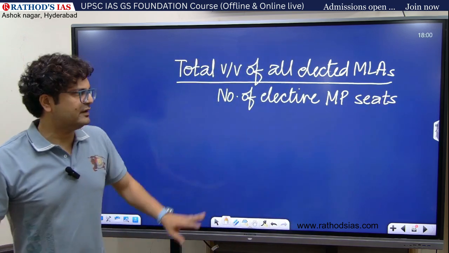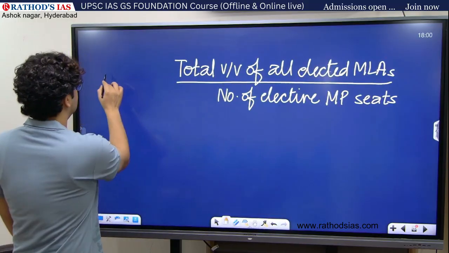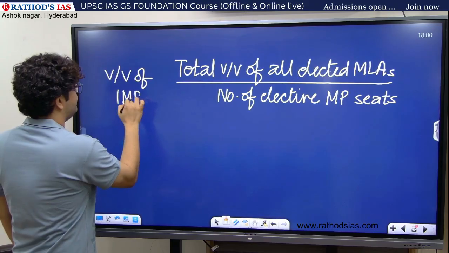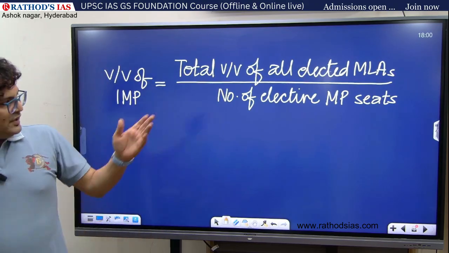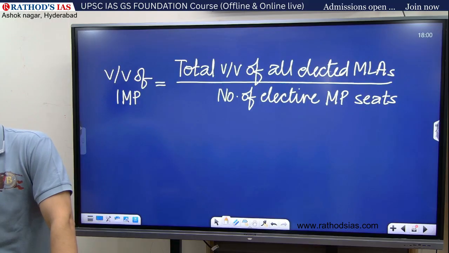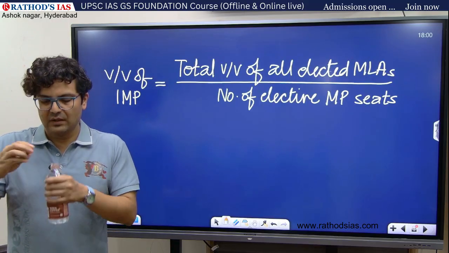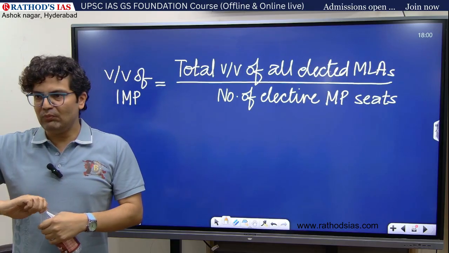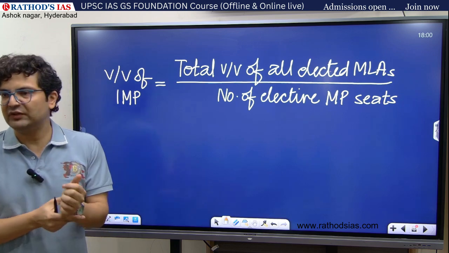Done. That's it. No 100, no 1000, nothing here. This is the vote value of one MP. Please write this. Are we clear? Should we proceed from here?